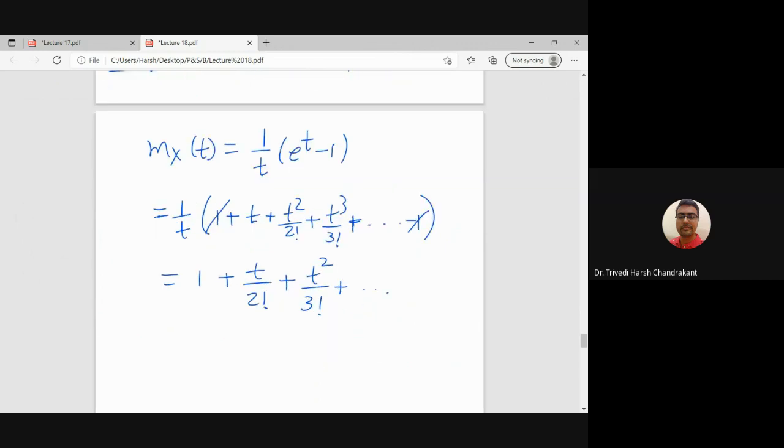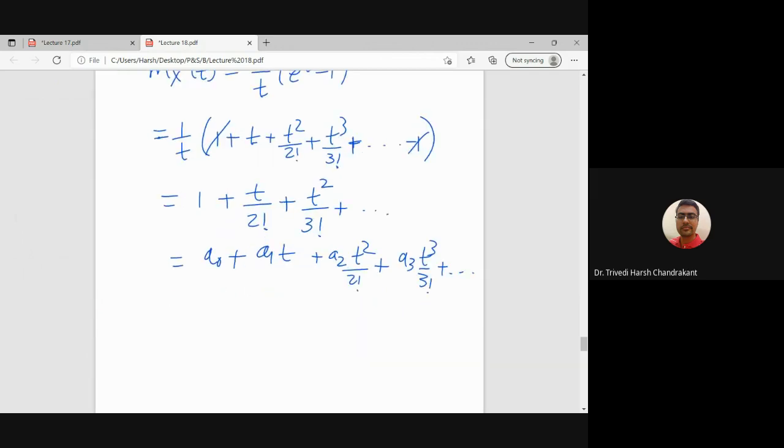So these terms we are going to compare with the power series, the summation of a_n t^n by n factorial. Here it is t^k by k factorial, right? So if you compare, the power series is a0 plus a1 times t plus a2 times t square by 2 factorial plus a3 times t^3 by 3 factorial, and so on.